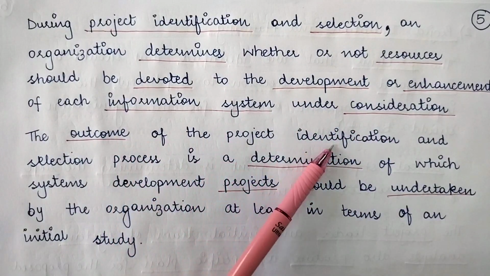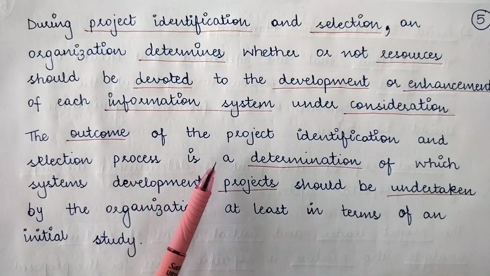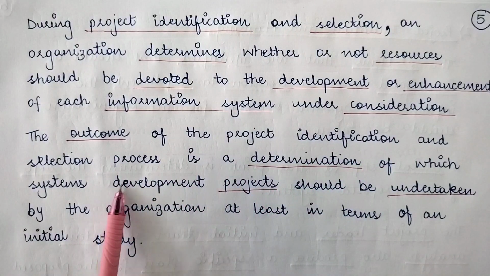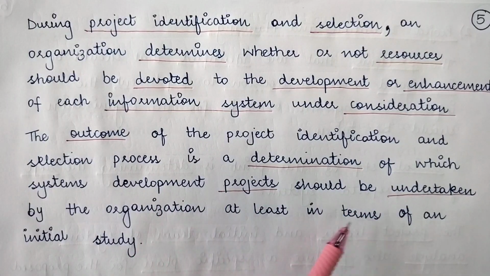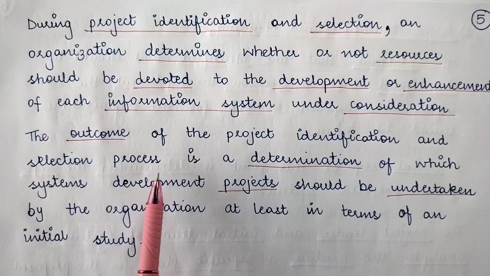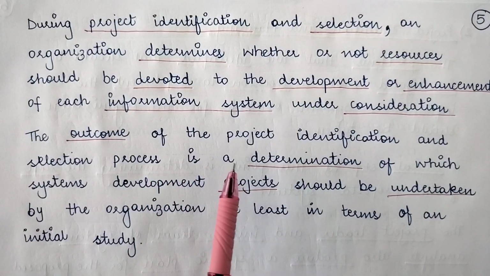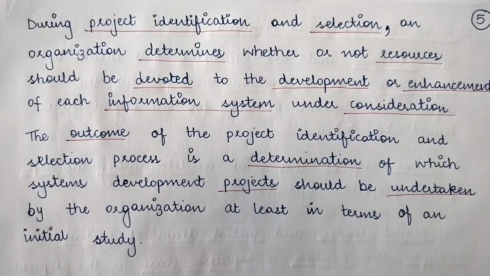The outcome of the project identification and selection process is a determination of which system development projects should be undertaken by the organization, at least in terms of an initial study. So, as I said, during project identification and selection, first of all the user comes up with the requirements, then the system analyst analyzes those requirements, and as per the requirements of the organization comes up with various projects which could meet the requirements of the organization.